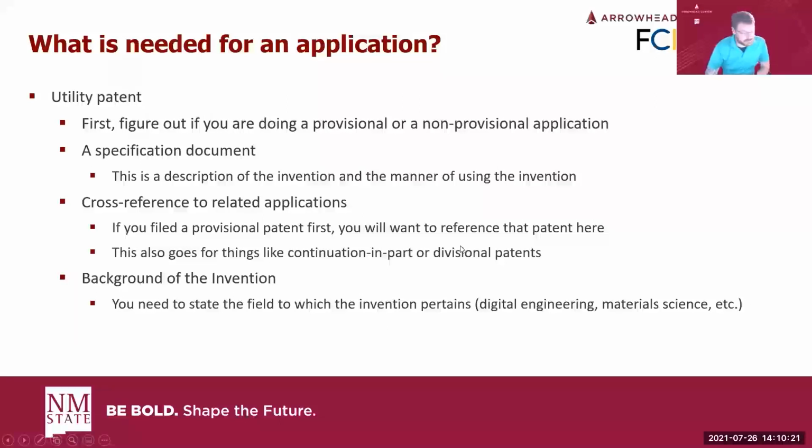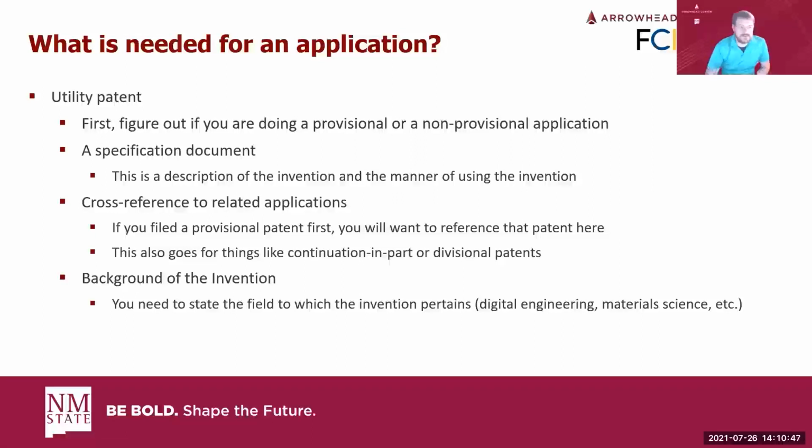So what's necessary? Again, utility application. Anytime you hear somebody say, oh, I have 12 patents, or I have a patent pending on this, almost always they're talking about utility patents. When you're putting together the information for that application, there's a lot of documentation that goes into this.